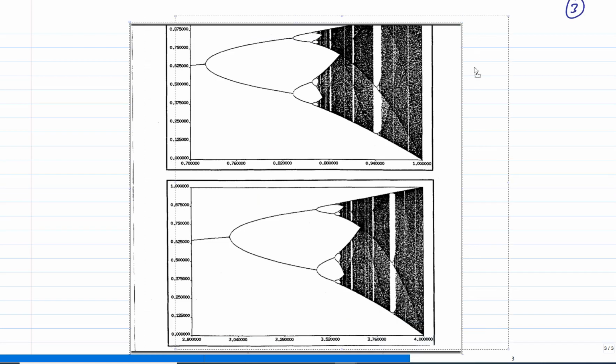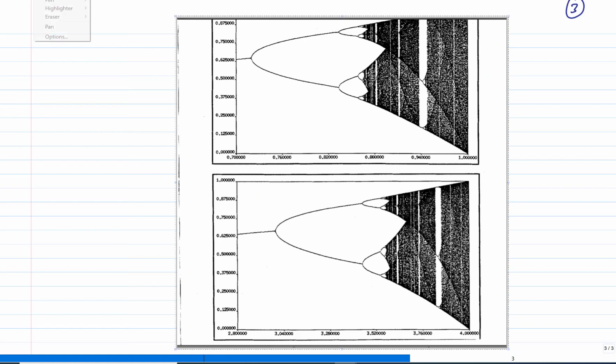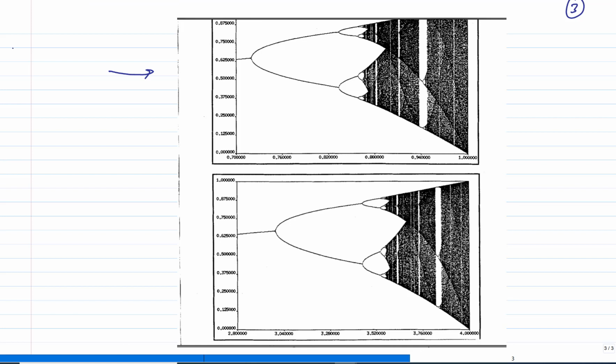So this is the orbit diagram for the sine map, and this is our friend, the logistic map.